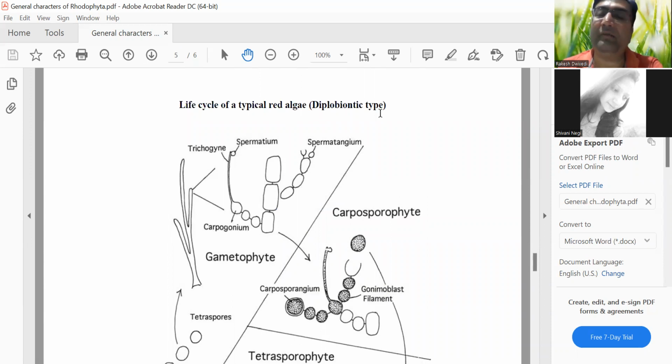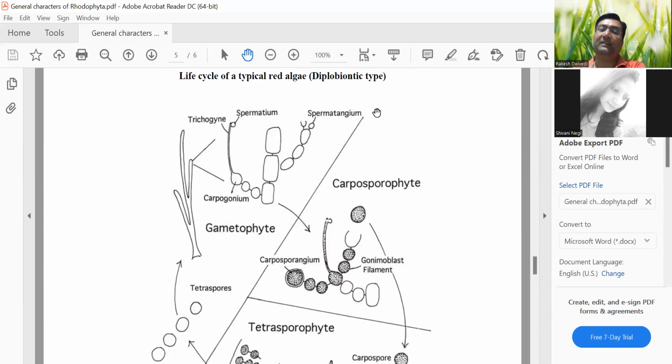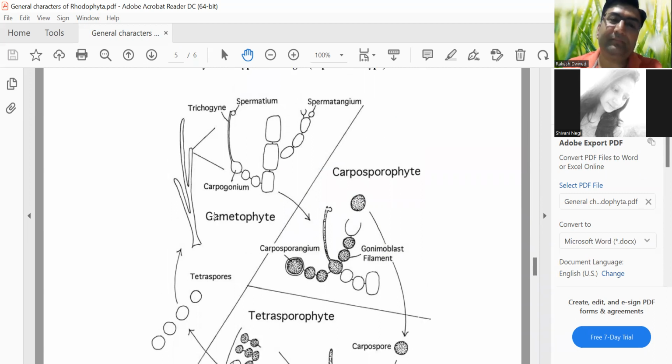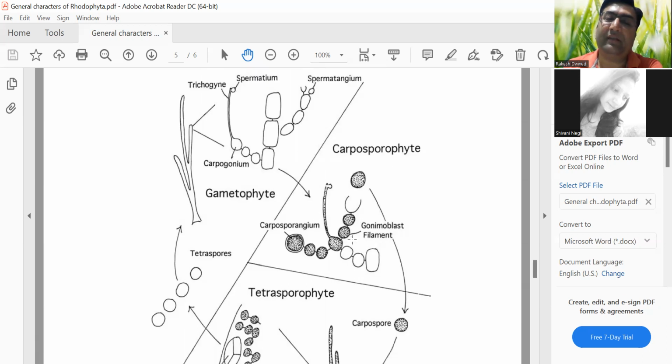In case of diplobiontic life cycle, which is found in advanced algae, here you see the gametophyte. Gametophyte produces the carpogonium and spermatangia. Carpogonium produces egg cell, and spermatangium produces spermatium. After fusion, there is fertilization.